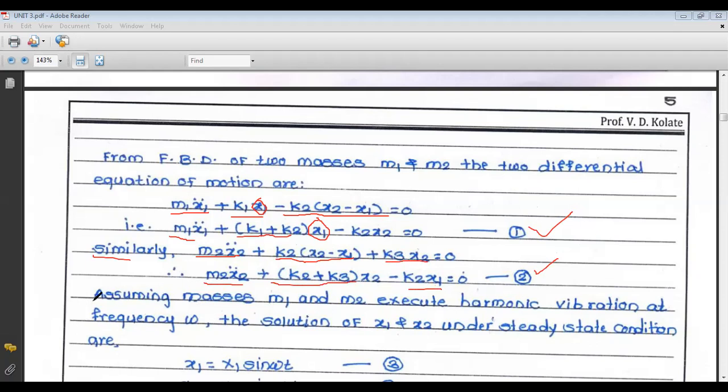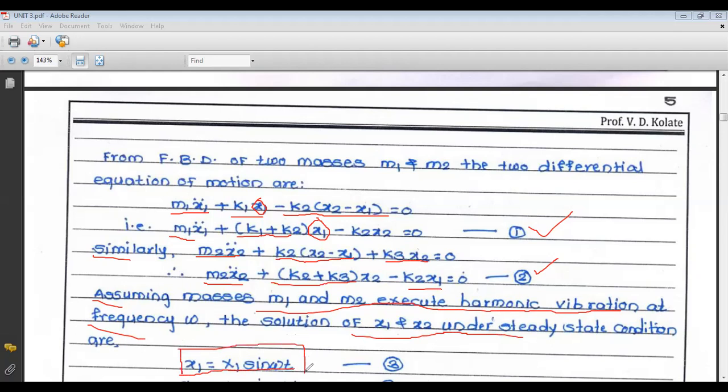Now assuming the masses M1 and M2 will execute a harmonic vibration at a frequency of omega. Therefore, the solution of small x1 and x2 under steady state condition is given by x1 equals capital X1 sine of omega t. That is the displacement of mass M1.